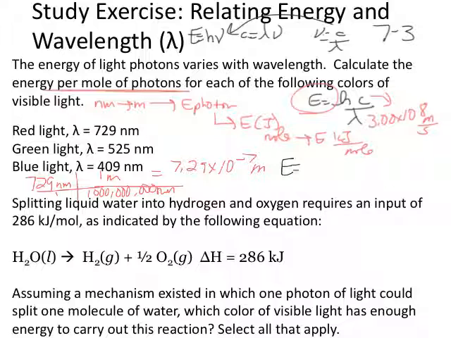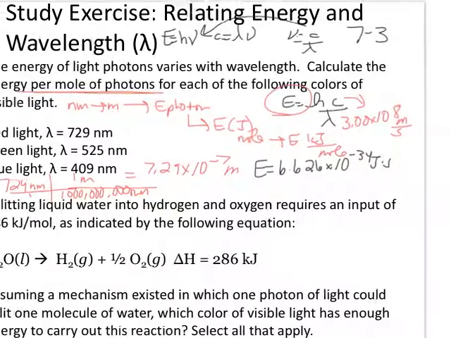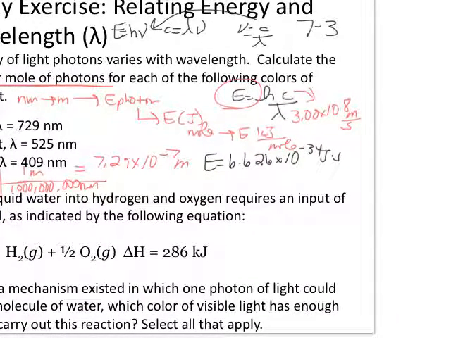E equals, use Planck's constant, 6.626 times 10 to the negative 34 joules times second, times the speed of light, 3.00 times 10 to the 8th meters per second.